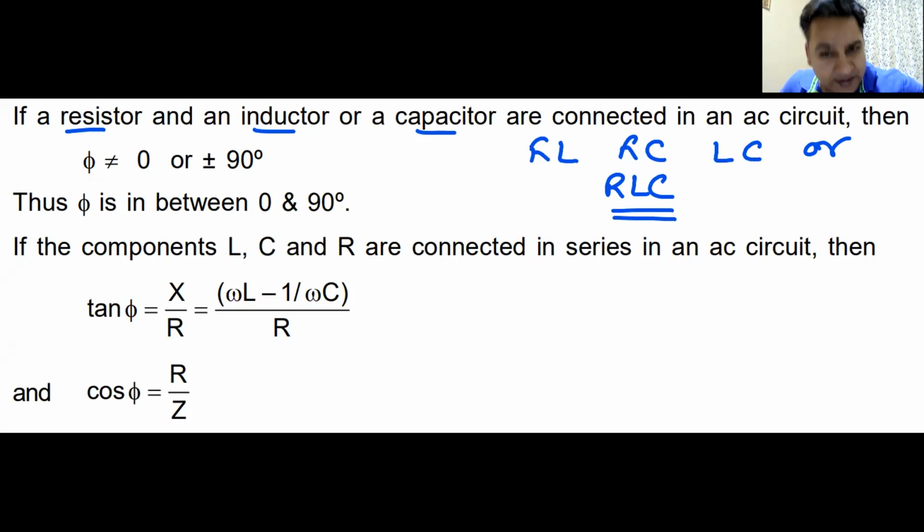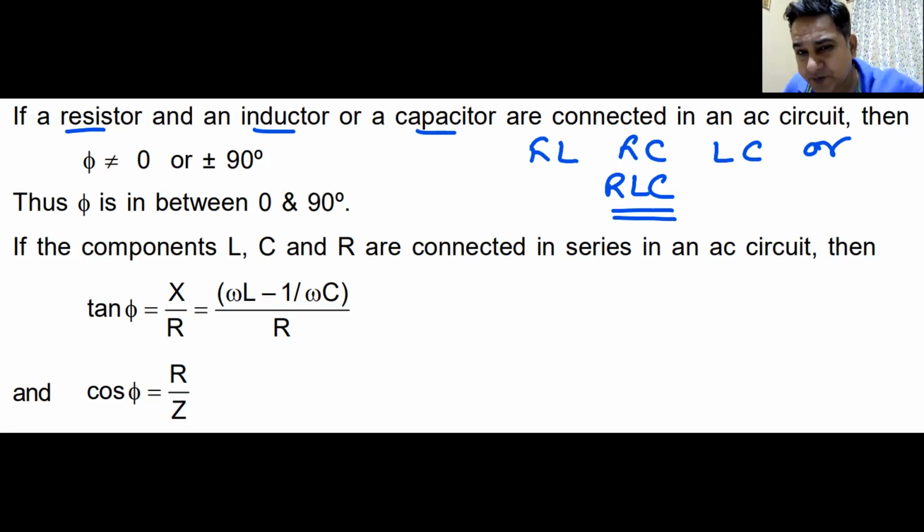In pure R, angle is 0. In pure L, angle is plus 90. In pure capacitance, angle is minus 90.